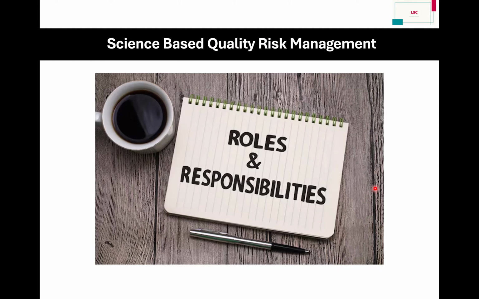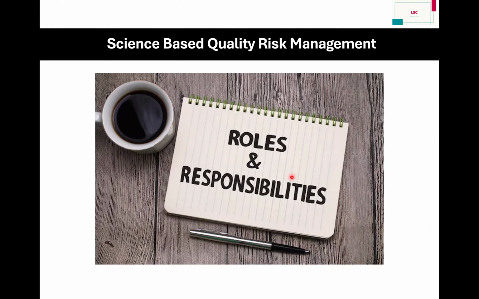Then your team of subject matter experts and the key users that are going to work on it play a very important part. Then the quality unit is responsible for the overall approach and how the compliance can be achieved, and how the complexity of the computerized system can be handled. And your supplier plays a very important role because they know the requirements of the computerized system everywhere, to give you the information on how it was developed, how it will work, how it might fail, and how the control can work on the system.